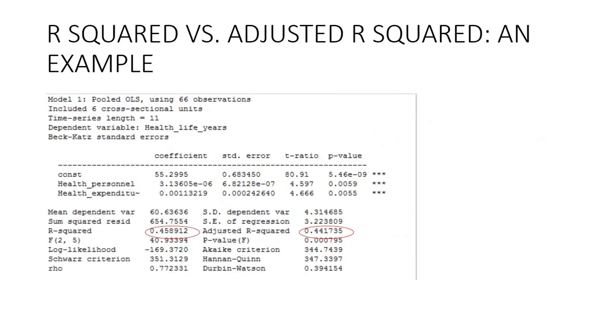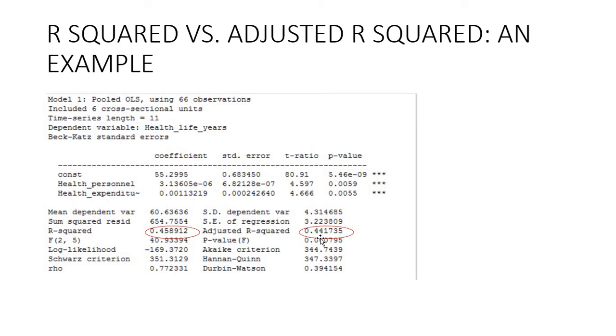For instance, you can check this model output. In this case, I took the number of healthy years of life as the dependent variable, and health personnel, like the number of doctors per 1,000 inhabitants, and health expenditure as independent variables. As you can see, there is a difference between the value of R squared and adjusted R squared, and adjusted R squared is smaller.